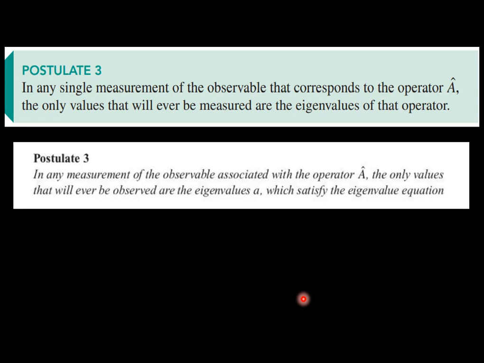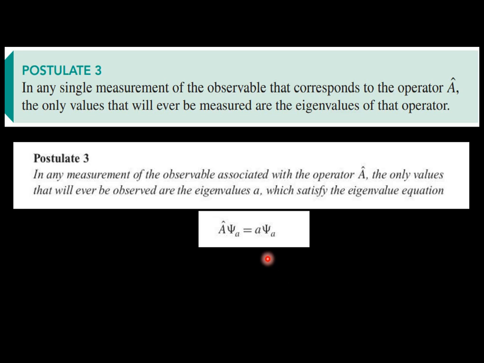That is postulate 3. It is taken from a separate text. In any measurement of the observable associated with the operator A hat, the only values that will ever be observed are the eigenvalues a, which satisfy the eigenvalue equation. So whatever the time you measure the quantity A, you will get the value small a. So that is postulate 3.